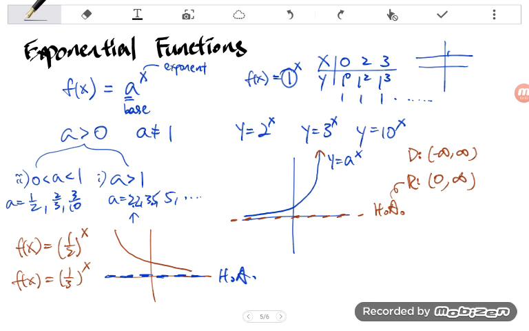Let's try to do some manipulation with our functions. I'll take f of x is equal to 2 to the power of x, and g of x is equal to half to the power of x, and mess around with them a little bit.